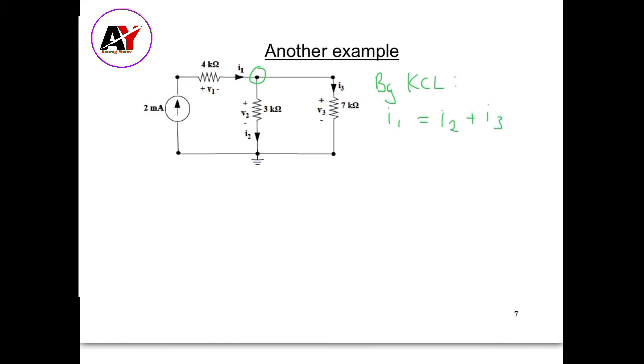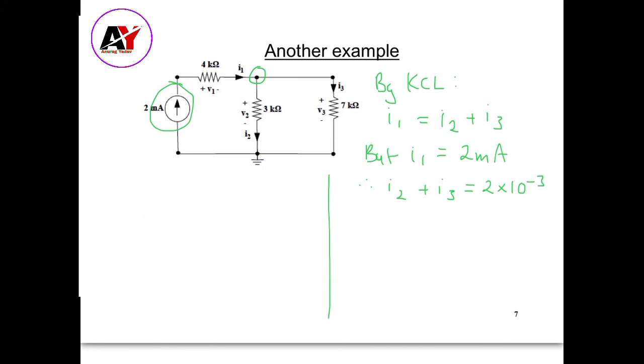But because of this current source, we know that I1 is equal to 2 milliamps. So therefore I2 plus I3 is equal to 2 times 10 to the minus 3. And now we've got one equation with two unknowns.